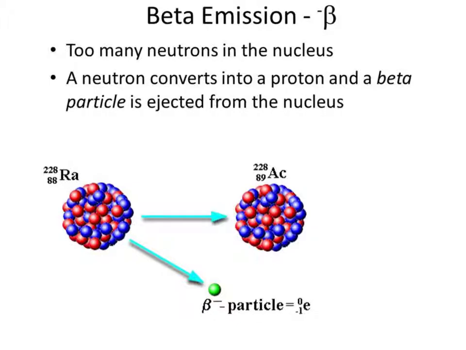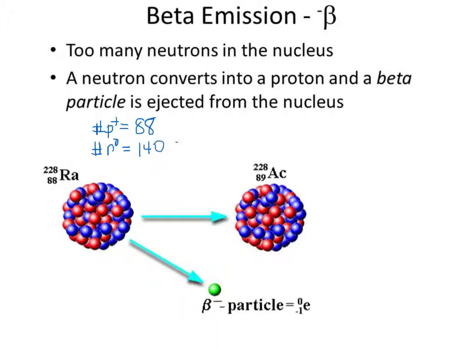It has an atomic mass of 228 and an atomic number of 88. Here is my number of protons for radon, which is 88, same as our atomic number. And the number of neutrons is 140.